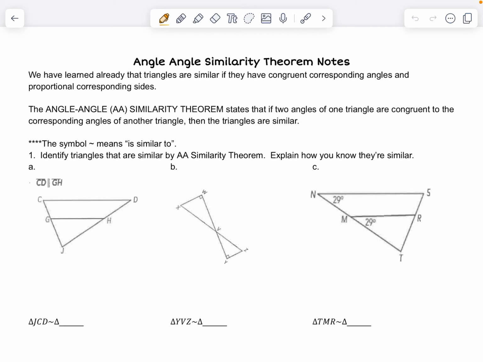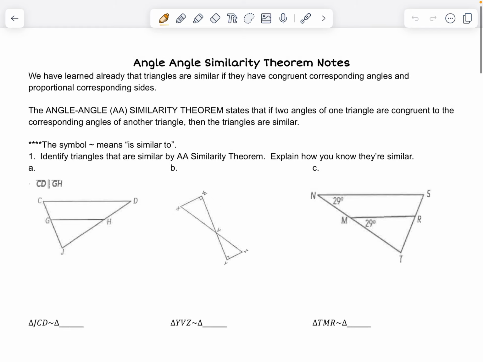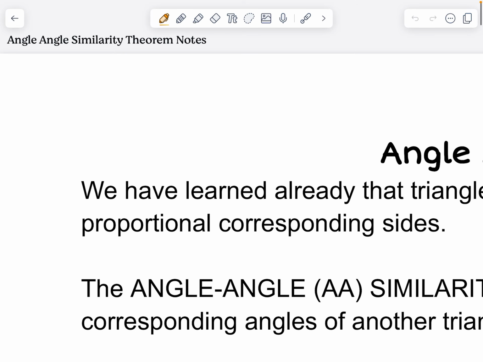Okay, angle similarity theorem notes. Earlier in the year, we talked about triangles or polygons that are congruent. When we talked about that, we had a triangle, and it's not going to be perfect. I'm trying, but I am not going to get it perfect here.